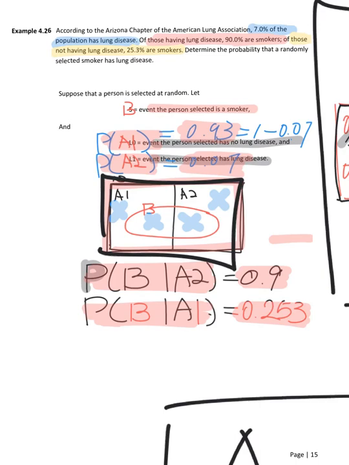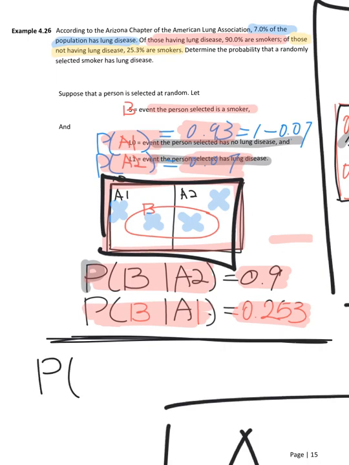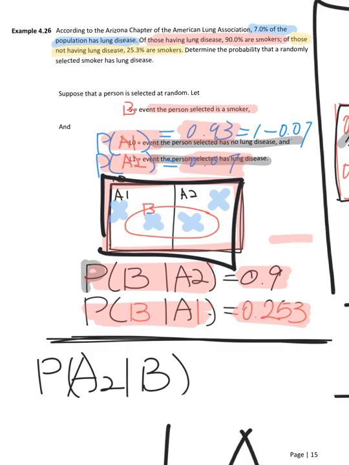A2 given B. I need A2 given B. What is that? You have to understand what that means. How can we interpret A2 given B?